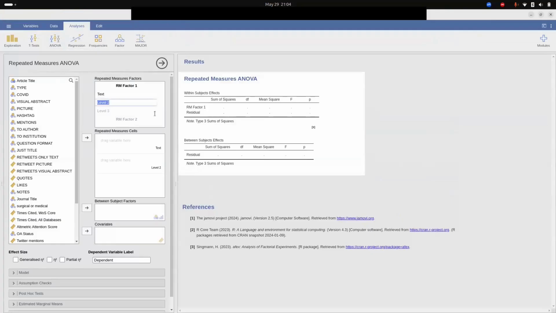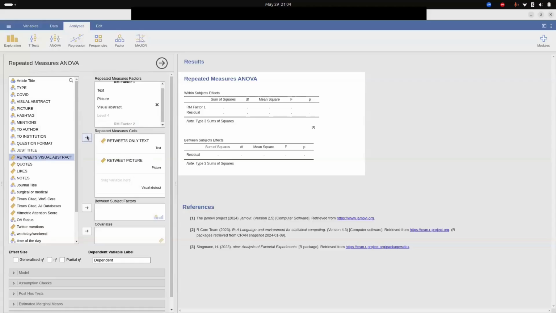The second one is going to be named picture. And the third one is going to be named visual abstract. Okay? And then we are going to put our actual continuous numerical variables here. I conveniently pre-labeled them, so I know that this goes there, that goes there, that goes there. And there you go.